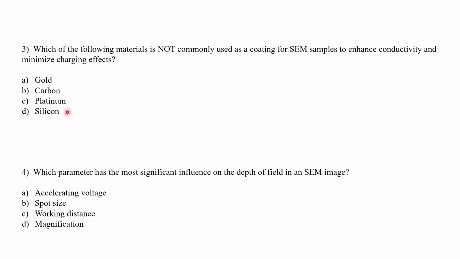Silicon is the correct option here, because silicon we can't use to enhance the conductivity and minimize the charge effect. Generally a silicon wafer is used to drop-cast the sample to provide the conducting path, but the coating is not done of silicon. It is generally done of platinum and gold. So here option D is the correct answer.